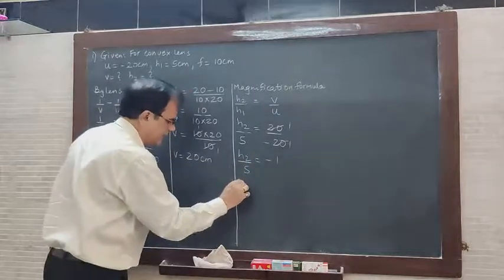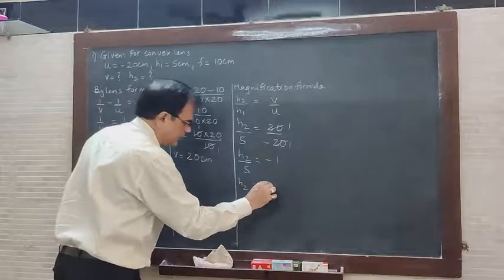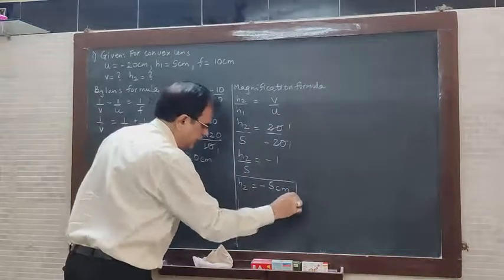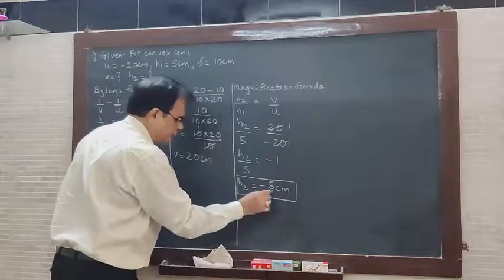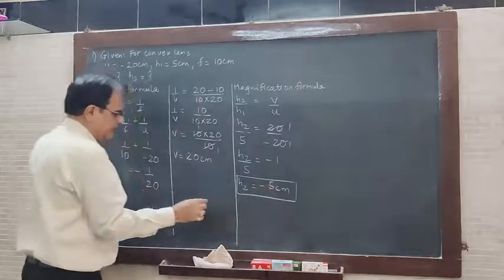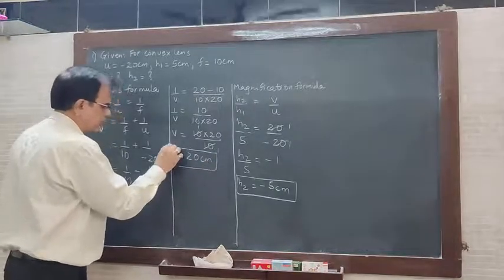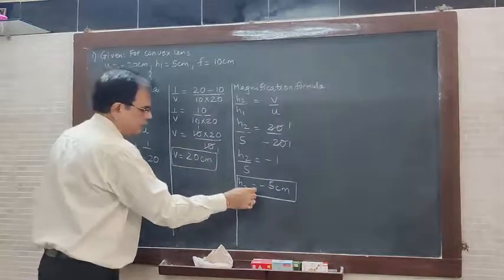Cross multiply, h2 is equal to -5 centimeters. So the negative sign of the height indicates that the image is inverted. So real image, inverted image.